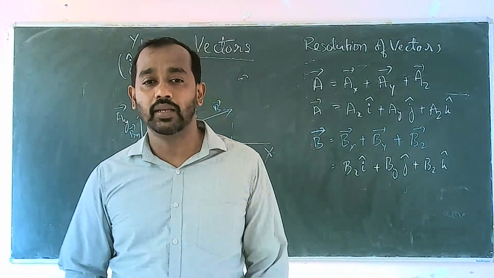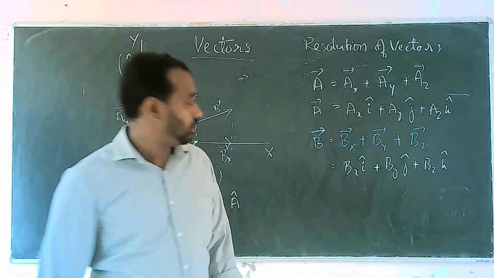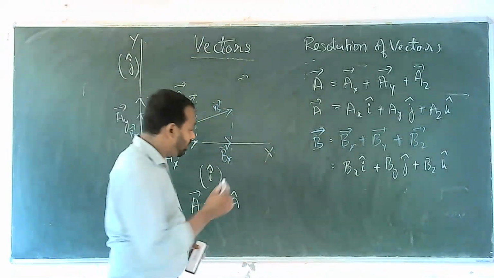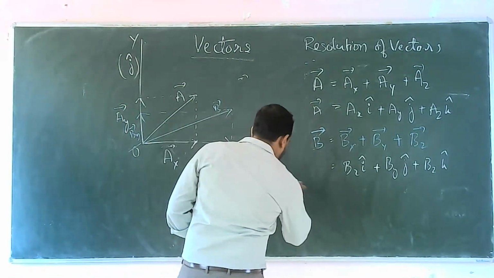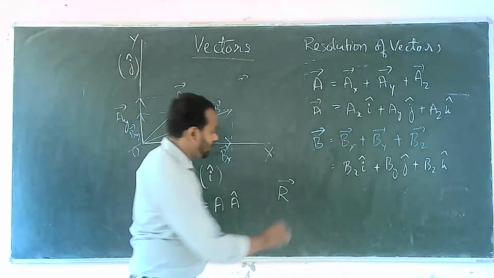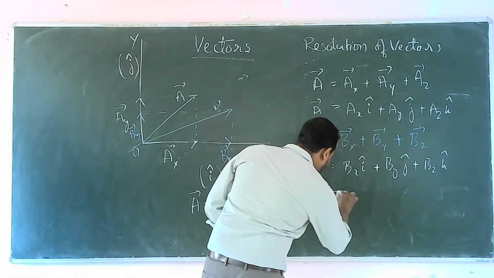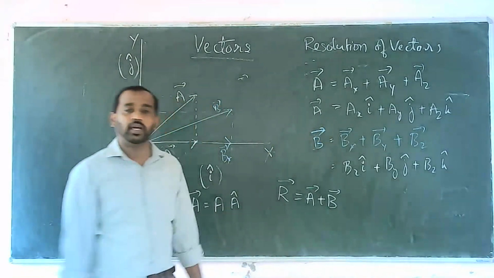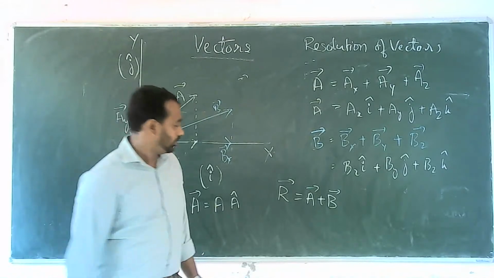This is one more way of representing the vector. Now we are going to add these vectors. What is the value of the resultant? Say resultant R is given as vector A plus vector B. What will be its value? How do we write this?